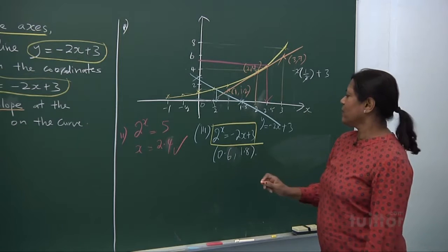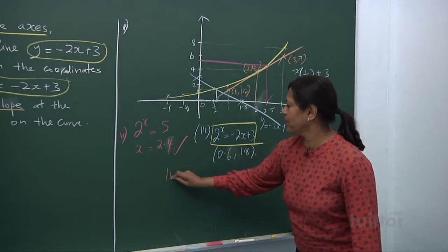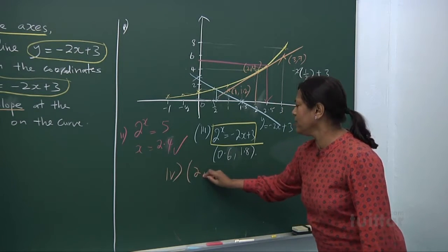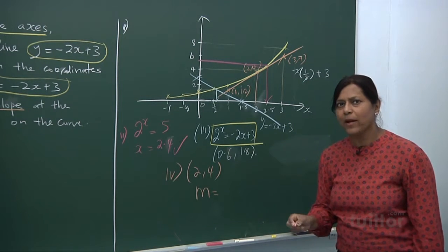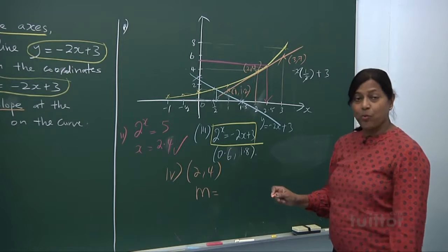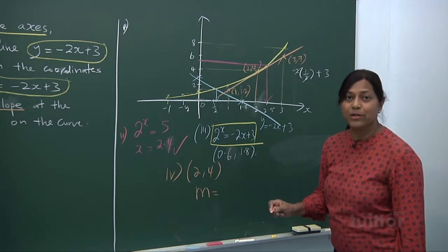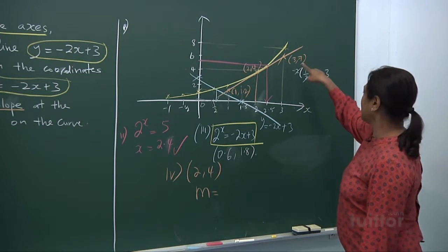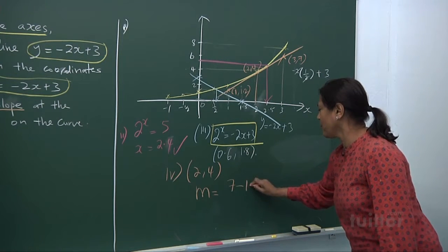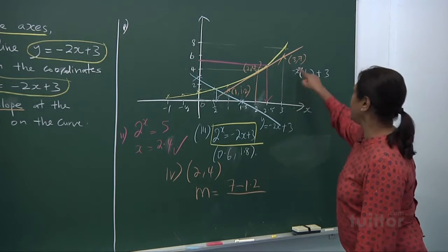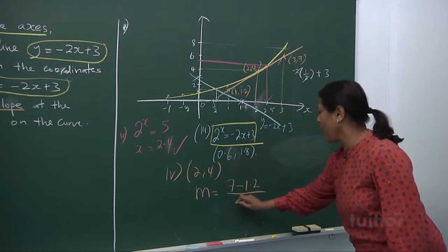So at this point, 2, 4, the gradient is going to be y1 minus y2 over x1 minus x2. I'm sure you know this formula. Take this point, 7 take away 1.2, and here 3 take away 1.